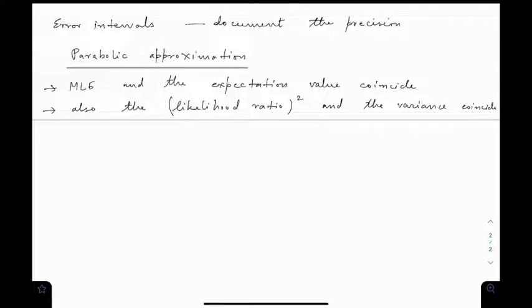So we can also derive the standard deviation from the curvature of the likelihood function at its maximum.